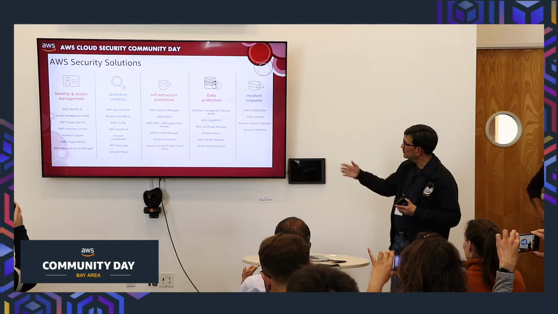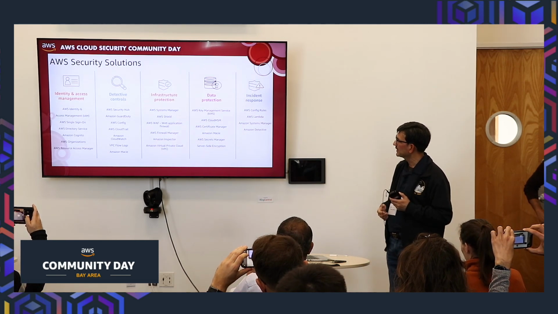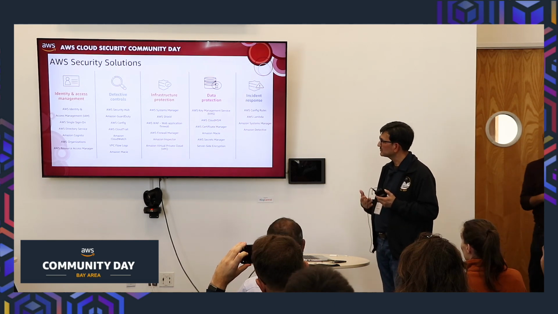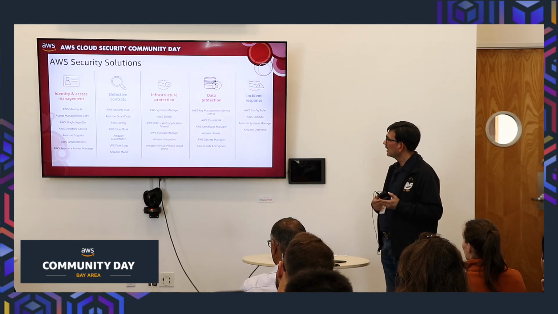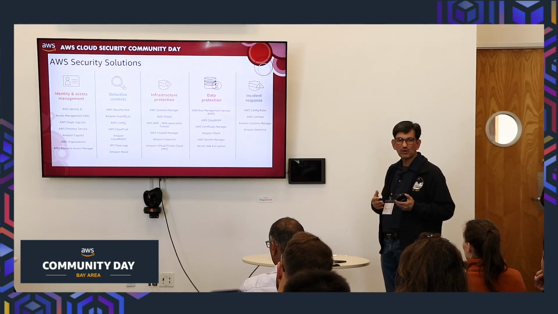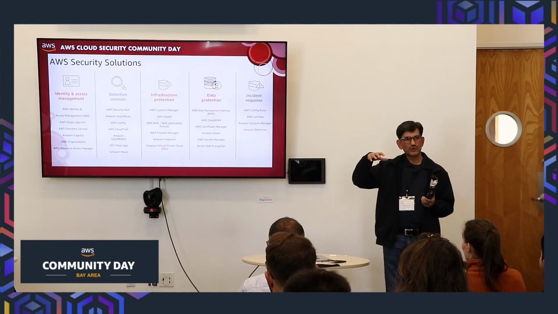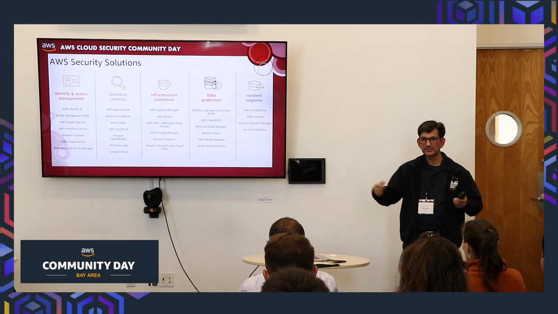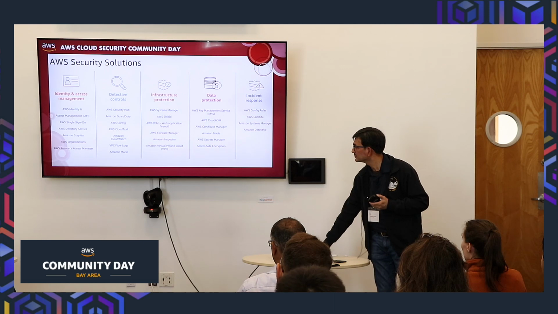We will not go through each of those, but for example, in the identity and access management area, we have IAM. That's one of the core services that all of you are using, and how you are doing single sign-on, how you are using Organizations and putting guardrails and security controls in place for your internal governance so that you can manage for the entire organization, not just for one account.